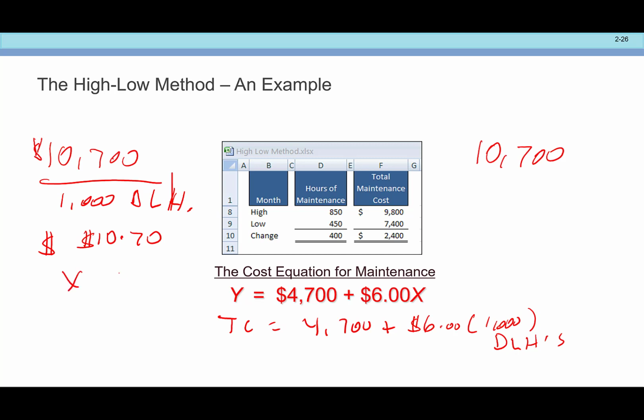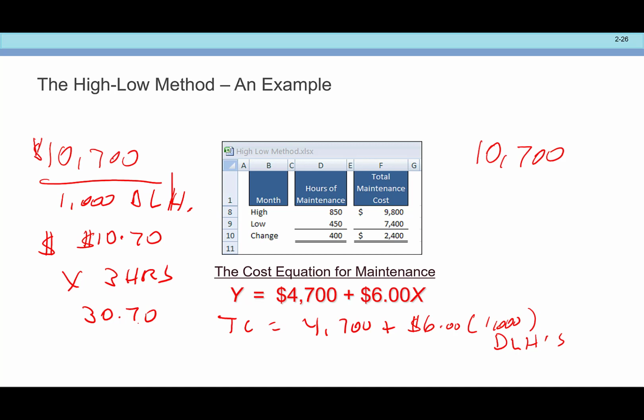We would take 10.70 times the 3 hours, and we would allocate $32.10 to the cost of that table for our overhead. Did we achieve the objective? We took all of those overhead costs, those things that were difficult to trace, and we've allocated it now, right?